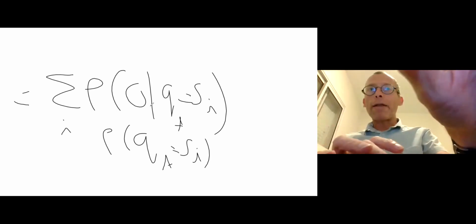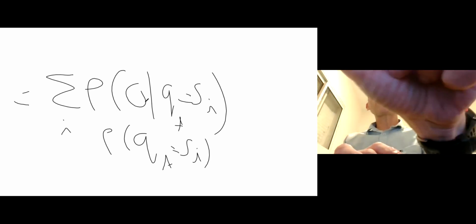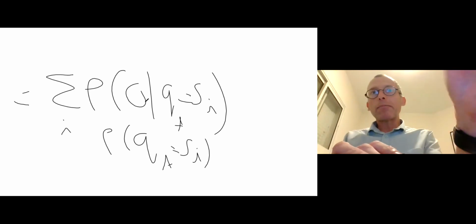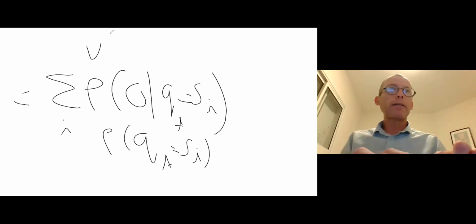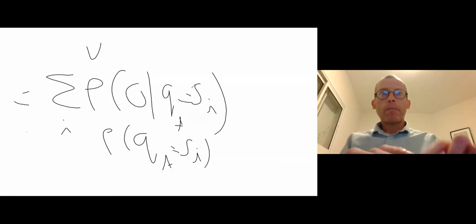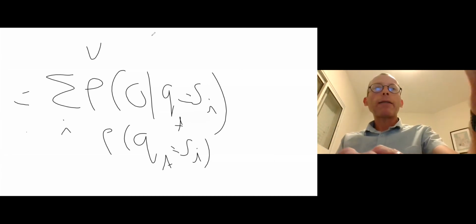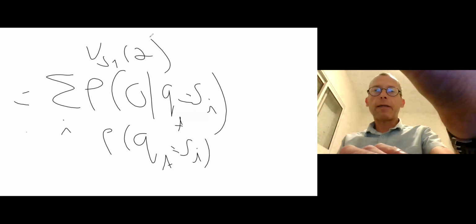So for state 1, P of O given QT equals SI is, by definition, VS12. This thing here.